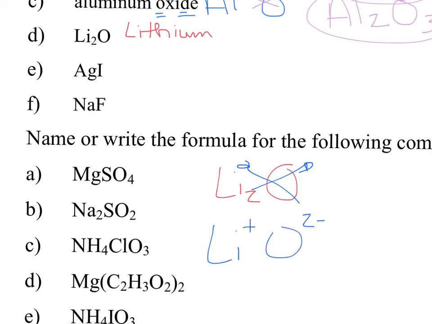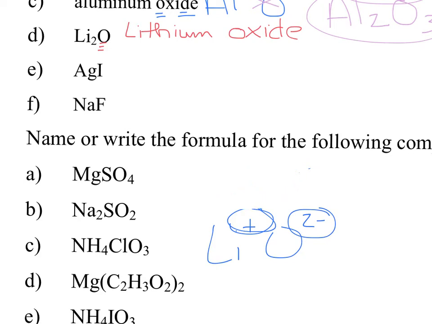Well, that's where it came from. Well, we know lithium is a group 1, so we don't have to give it a Roman numeral. We know oxygen's a 2 negative, and that's just how the naming system will work. You don't have to include the 2 in there because it's understood of how the charges crisscross. Okay, the second element is alone, so it's going to end in "ide," and it is oxygen, so it just turns into lithium oxide. Okay, so that's that one.